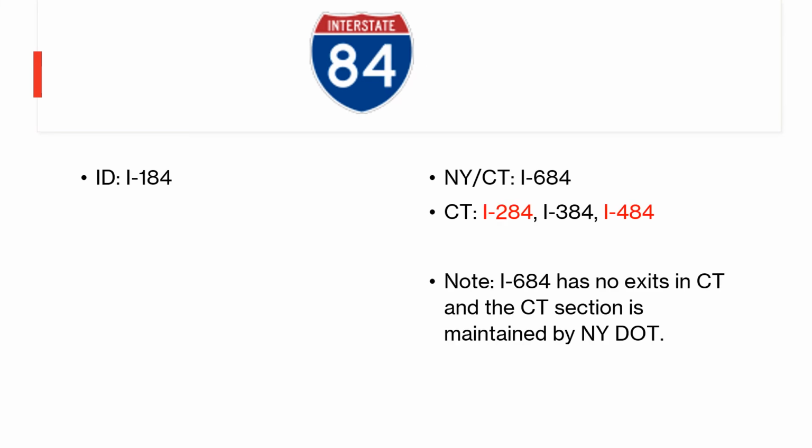I-84, this is one of two that we have a division of because the two 84s do not connect. In the western 84, you only have one three-digit interstate, which is 184 in Idaho. Actually, that's the only three-digit interstate in the state of Idaho.